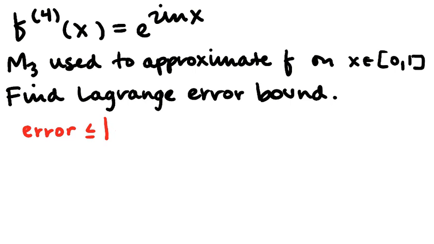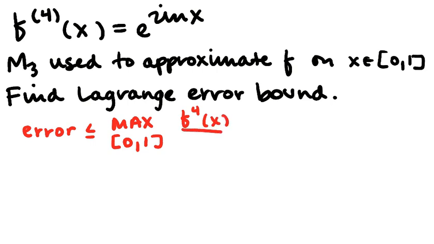It's the maximum possible value on x between 0 and 1 of f's fourth derivative, over 4 factorial, times x to the fourth, because it's a Maclaurin series, centered at 0.